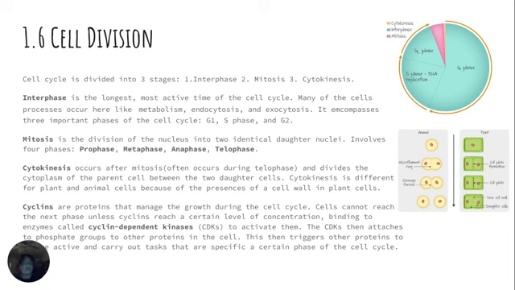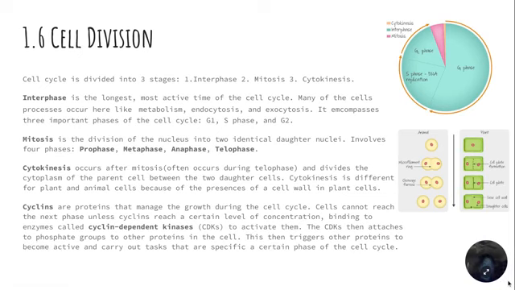And then after interphase, we have mitosis, which is where the division of the nucleus begins and splits into 2 identical daughter nuclei. The 4 phases involved with mitosis are prophase, metaphase, anaphase, and telophase. And then after mitosis has occurred, we have cytokinesis, which divides the cytoplasm of the parent cell between the 2 daughter cells.